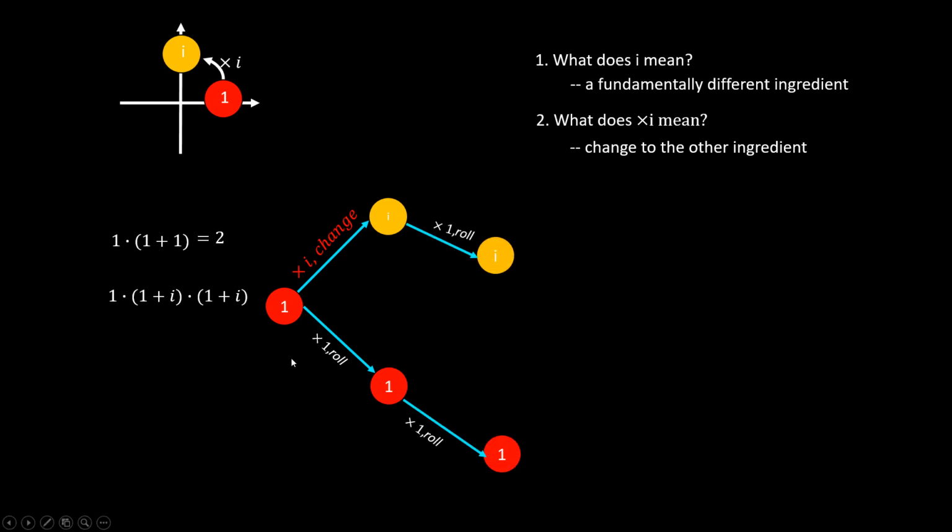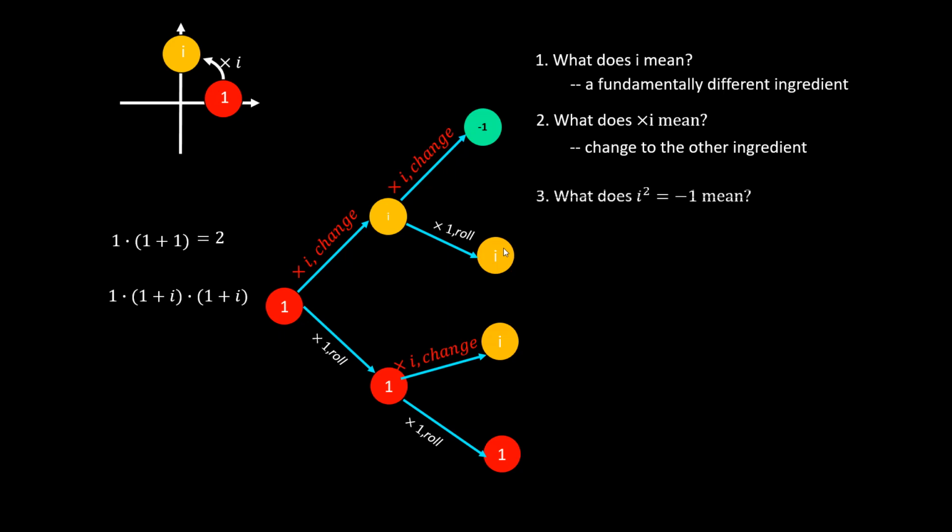The times i will change red to yellow. But what about this i times i? Times i will change it to the other dimension, so it should be a real number. But why minus 1? It means this element is having negating effects on the red one.